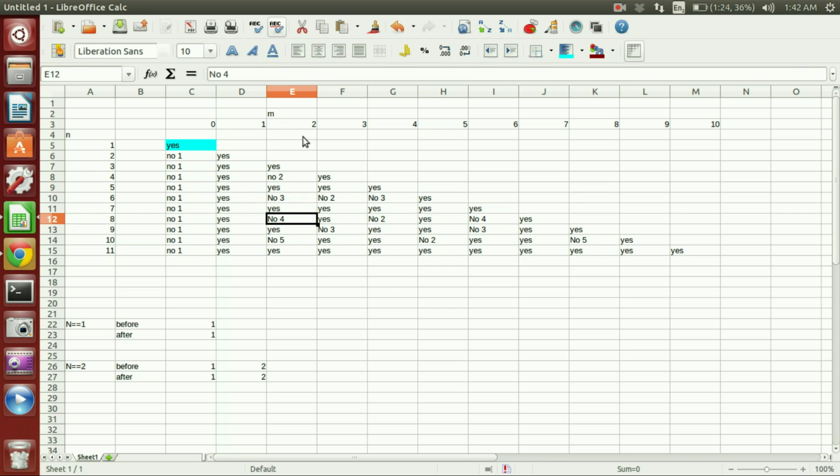We can conclude that whenever n modulo m equals 0, the answer would be no, but the value in the answer would be n div m. Here n is 8 and m is 2, so 8 div 2 is 4. Similarly for 8 and 4, the answer is 8 div 4, that is 2.